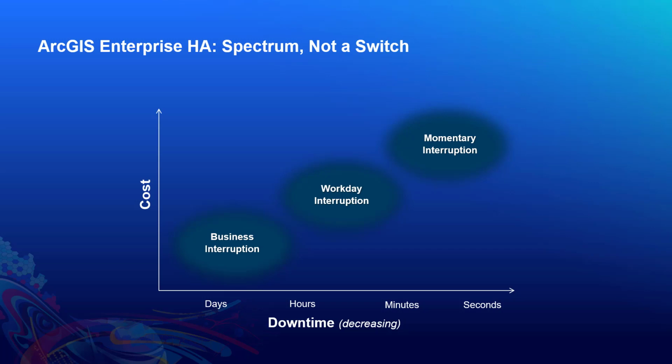On the other hand, if your organization has 4 or 5 GIS people, and they're the ones accessing your deployment, maybe HA isn't the best strategy. So understanding your business requirements is going to be really important in determining whether high availability is right for you.